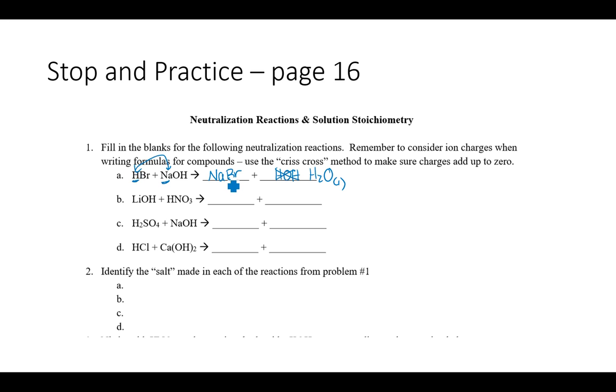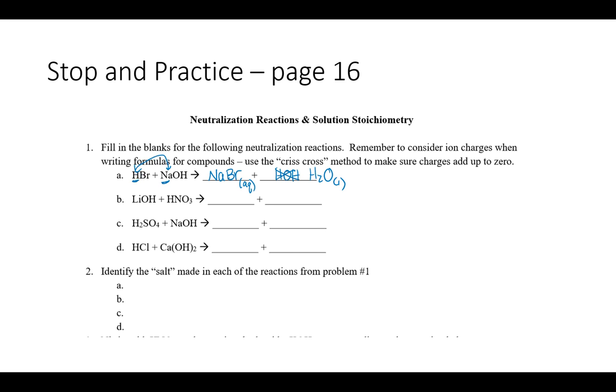And then this right here, sodium bromide, sodium's got a +1 charge, bromide's got a -1 charge, so no subscripts needed there. Okay, so that's my compound. We can also apply our solubility rules that we learned in our reaction units to figure out that this salt is going to be soluble, so it's going to be aqueous. You can just look back at your solubility rules to figure that out.